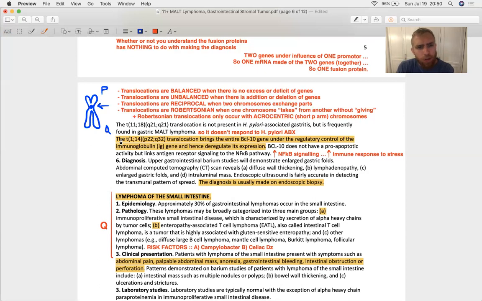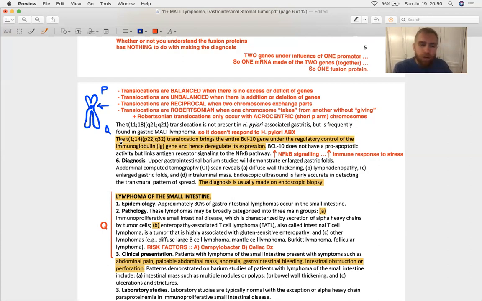A Robertsonian translocation can only occur with these acrocentric chromosomes that have long Q's but short P's. Some examples are 13, 14, and 21.